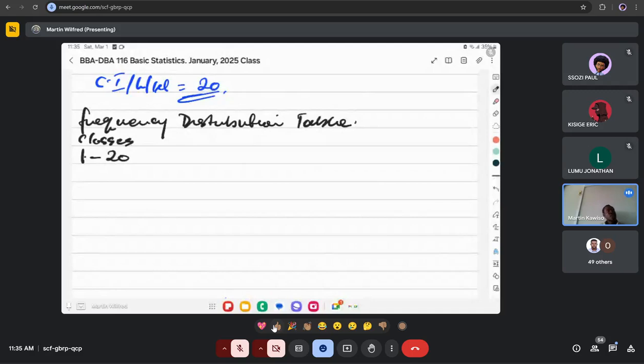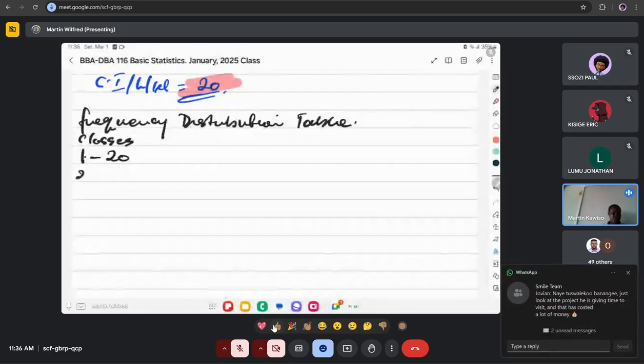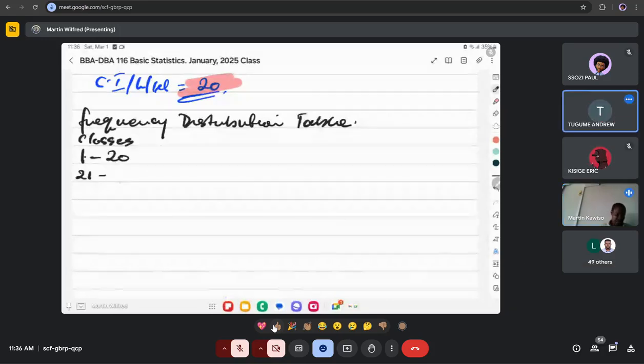And our interest is for us to harmonize this data into 5 classes, or groups. Now, we have said once we come up with the first group, where we have reduced 1, the remaining we shall use our actual determined class interval. Implying from 1 to the next group, we shall add 20, giving us 21. From 20 to the next, we shall add 20, giving us 40.